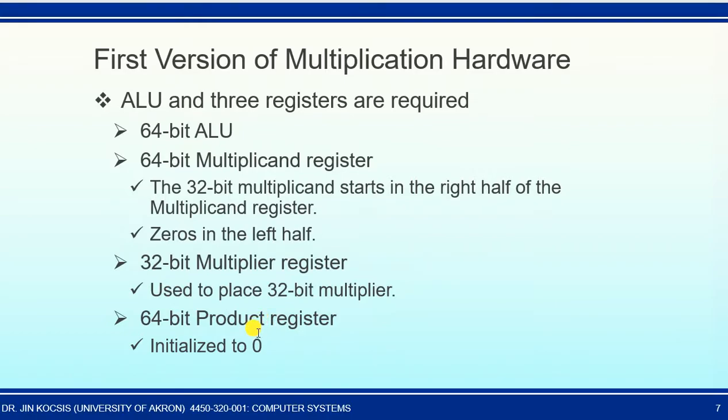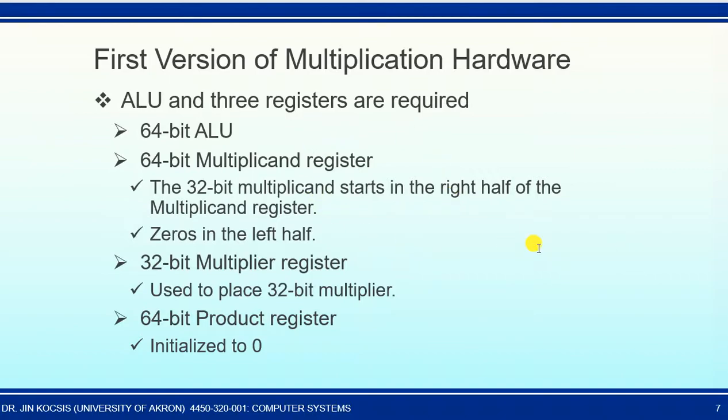For the initialization, I only have a 32-bit multiplicand, and I will put that 32-bit multiplicand on the right half of the multiplicand register. The reason is that when I do the shift left logic, I will not lose any significant bits, which are important for me to complete the further implementation.